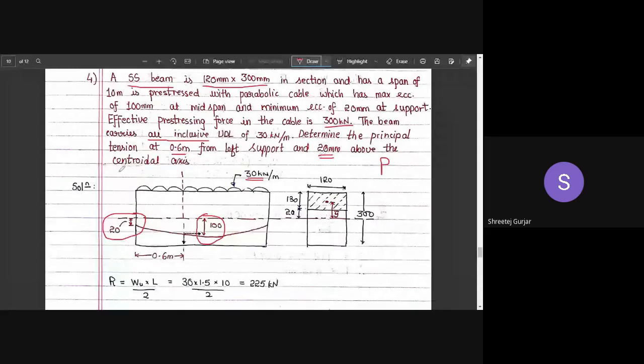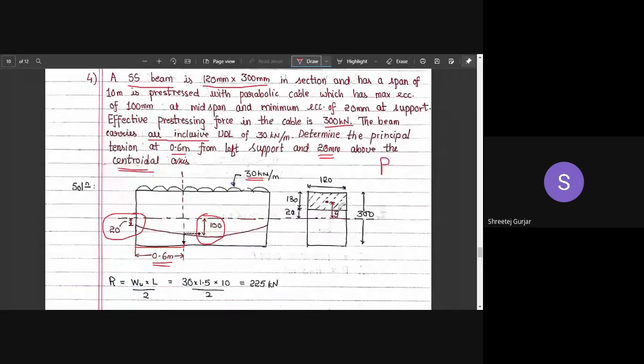So now we have to determine the principal stresses at 0.6 meters from the left support. You can see from the left support we are considering 0.6 meter, right? This section we are considering, and we have to consider 20 mm above the centroidal axis. So this is the centroidal axis, I have drawn.